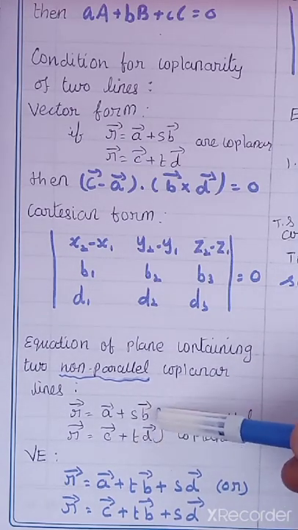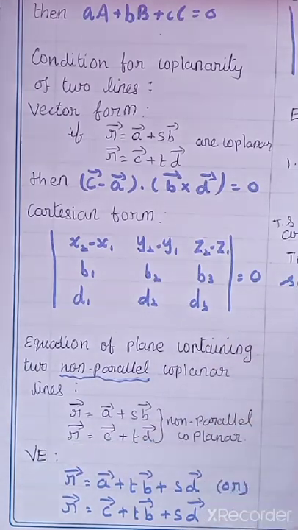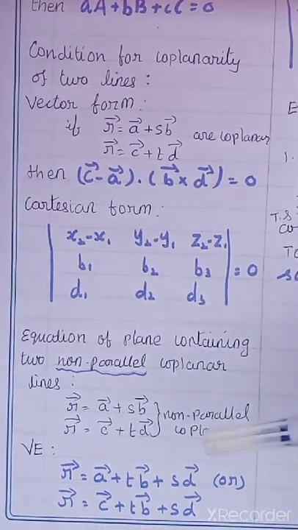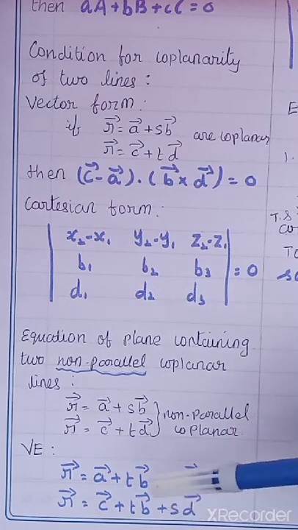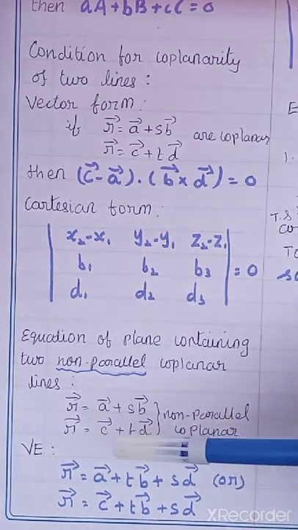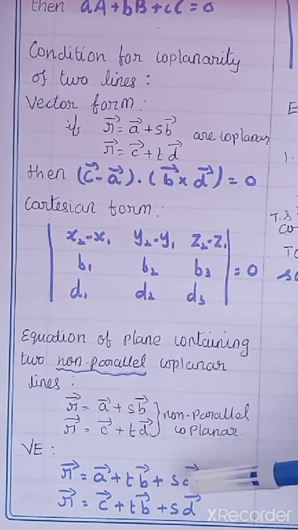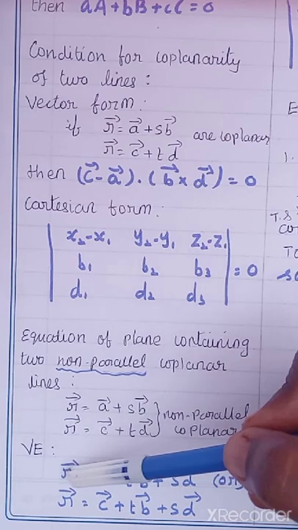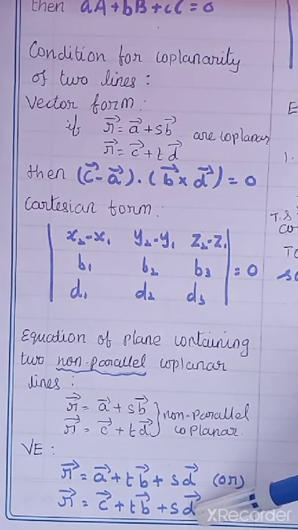Non-parallel, these two vectors will not be equal. Now, what is your vector equation? Here we are not going to check the condition. For non-parallel coplanar lines we have to find the vector equation: r vector equal to a plus t b plus s d, or r vector equal to c plus t b plus s d.